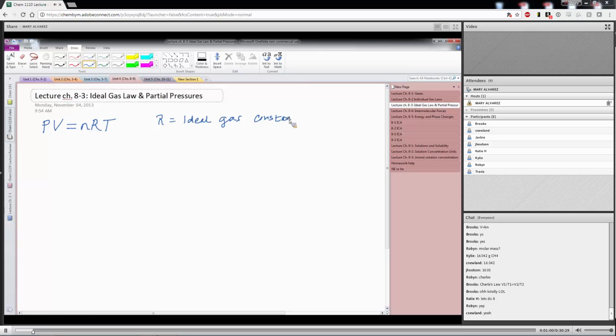In fact, the constant changes depending on what unit we're using, but for the purposes of our class, we're going to be using liters and atmospheres. So R is 0.0821 liters times atmospheres divided by moles times Kelvin.